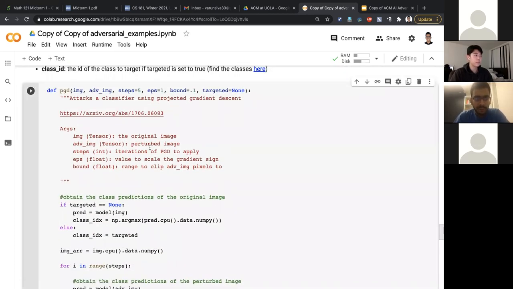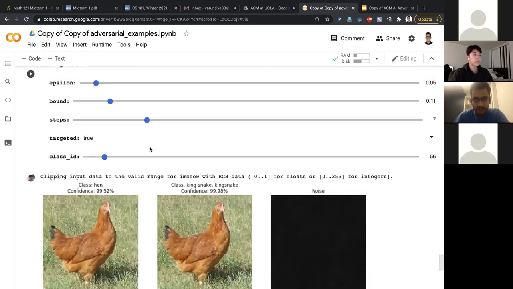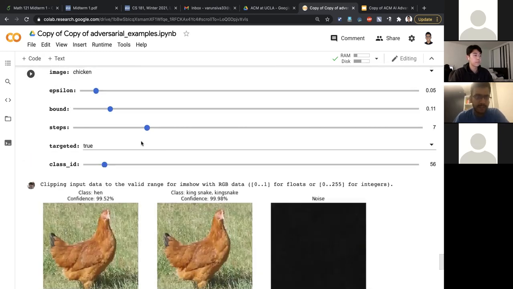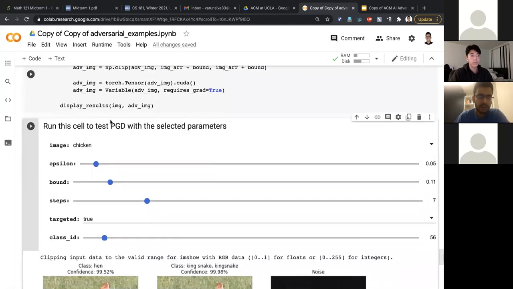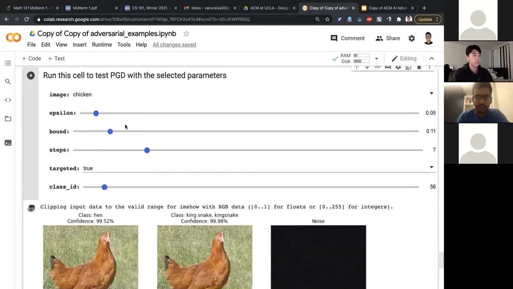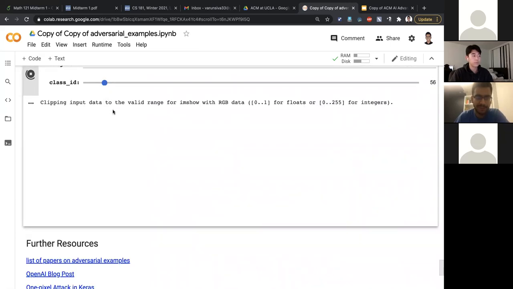So feel free to play around with this code and to get a feel for what exactly it's doing. It's tricky to understand. If you want, all the functions are also available for you to go through if you're familiar with PyTorch. Otherwise, you can just play around with this. That's pretty fun as well.